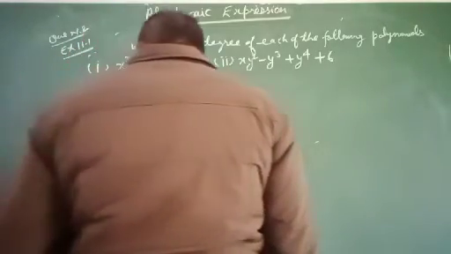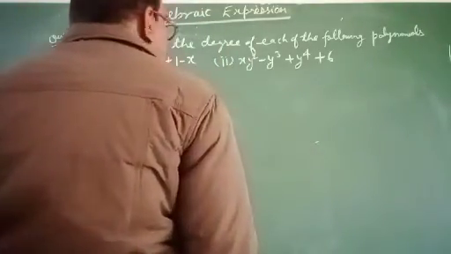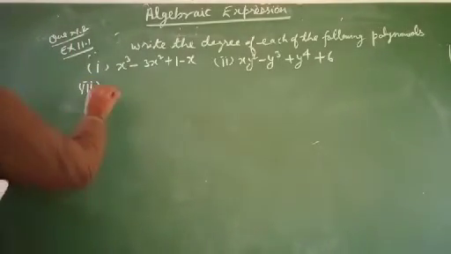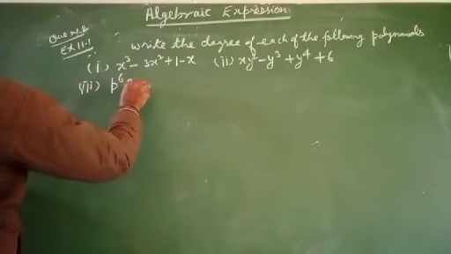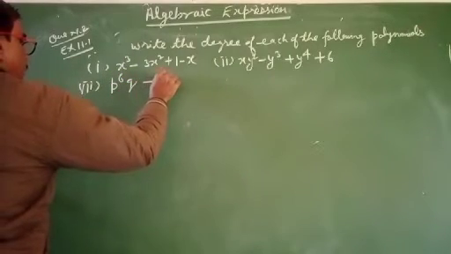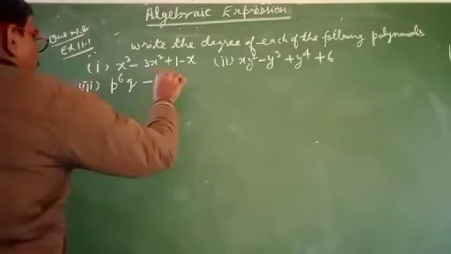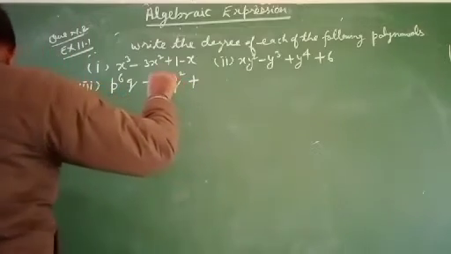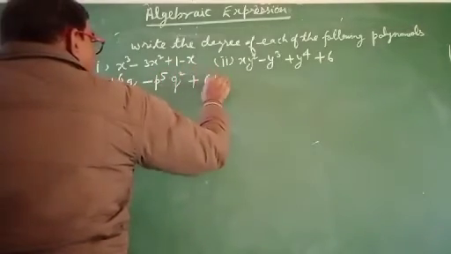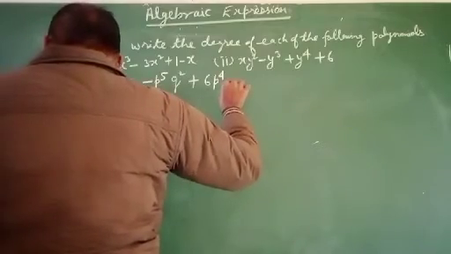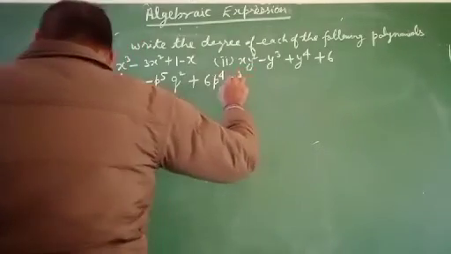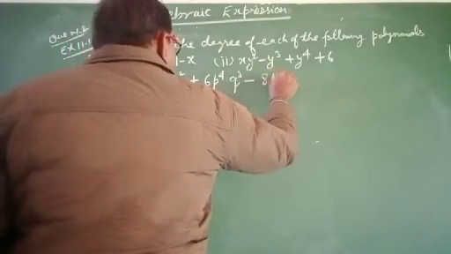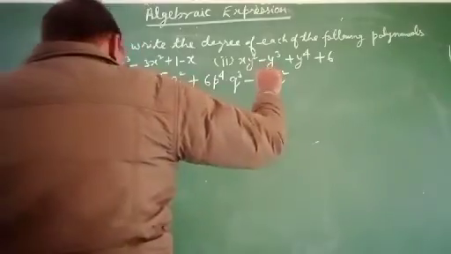And the third part is p to the power 6 cube minus p to the power 5 q square plus 6 p to the power 4 2q minus 8pq square plus pq.